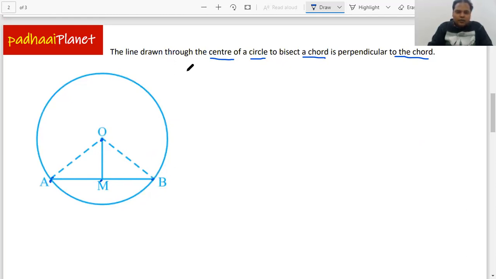What we can say is that OM is bisecting the chord AB, so AM is equal to BM.